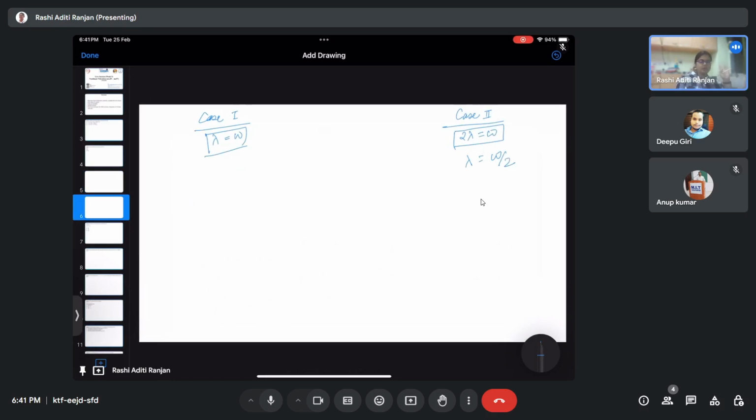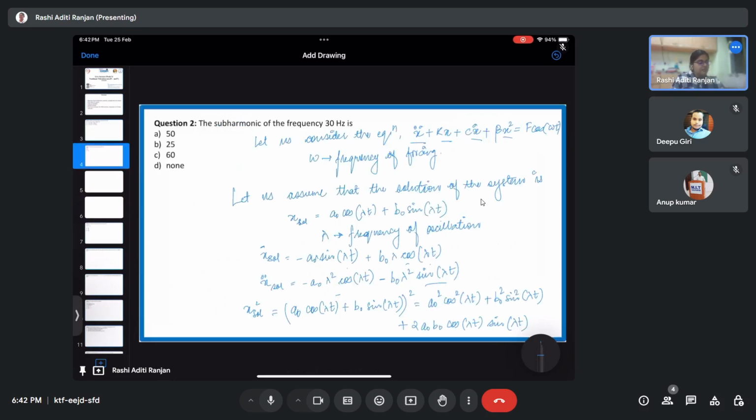What is important here to see is that for a certain kind of forcing, it may happen that my solution could be of the same frequency as that of the forcing frequency, but it could also happen that my frequency is equal to half of the forcing frequency, correct?